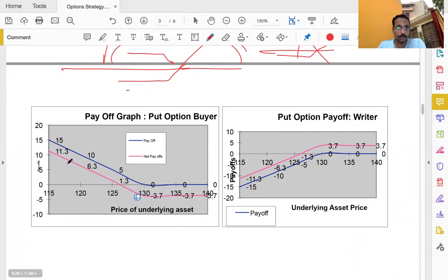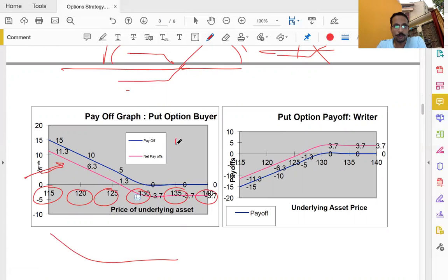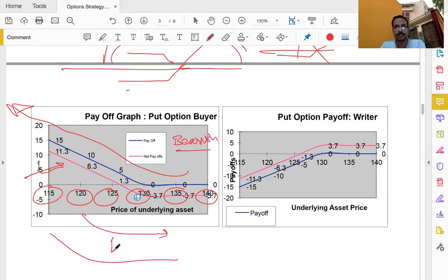Again, look at this red line only: the stock price goes up and his profits come down, because he was essentially bearish. He thought that markets will move in this direction and that's how his profits will increase, but if the markets move in this direction, then he starts making a loss, but the loss is limited.